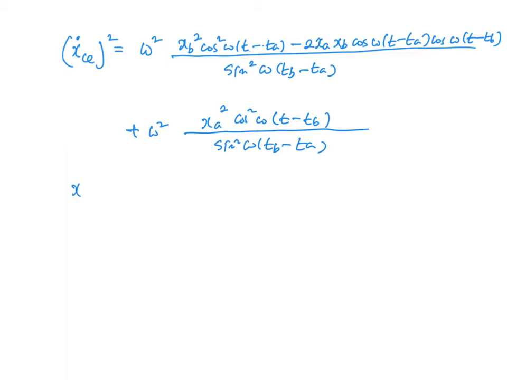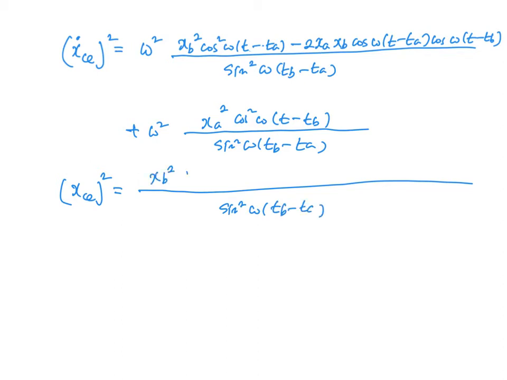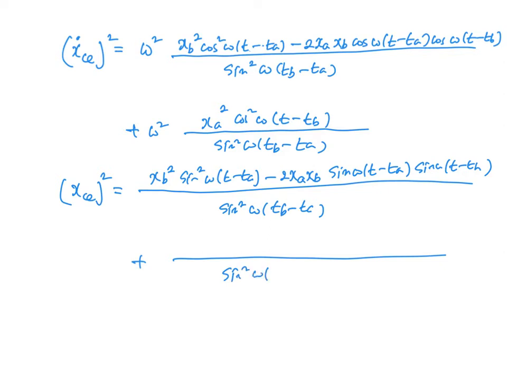Likewise, x classical squared is 1 over sine squared omega (tb minus ta) times x_b squared sine squared omega (t minus ta) minus twice x_a x_b sine omega (t minus ta) sine omega (t minus tb) plus x_a squared sine squared omega (t minus tb).